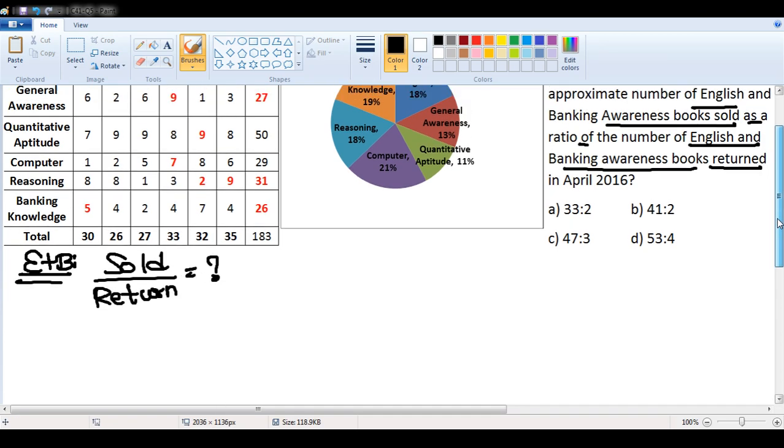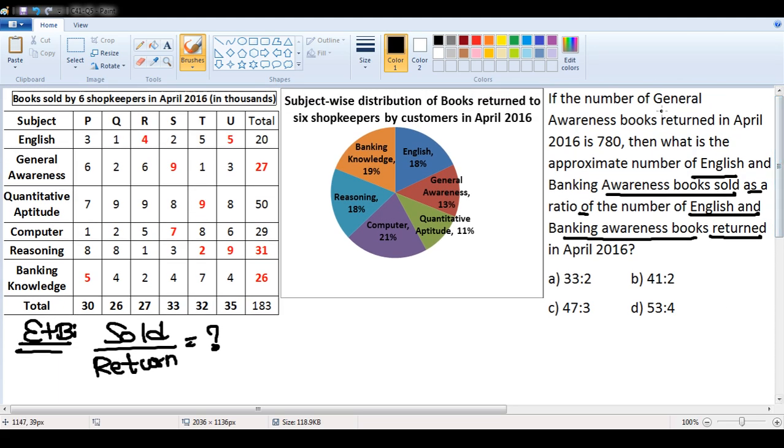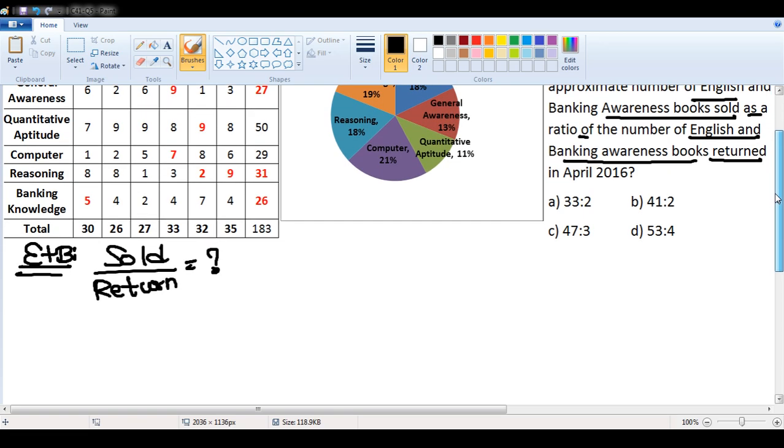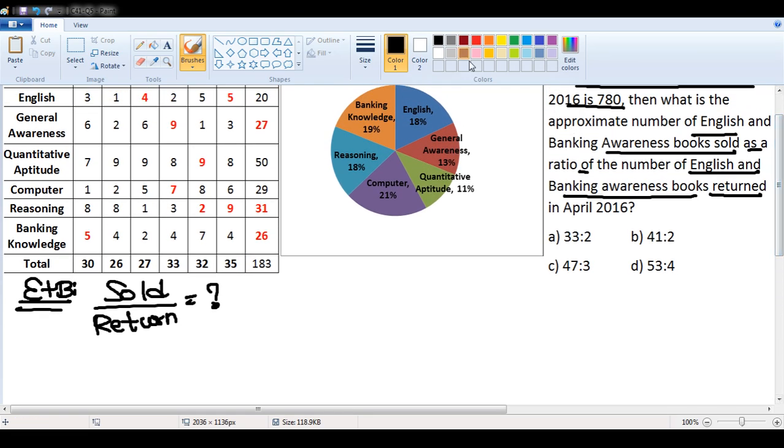And they are saying that the number of general awareness books returned in April 2016 is 780, right? Now according to the graph, general awareness books returned is 13 percentage. According to the question it is 780. 13 should become 780, multiply by 60, right?